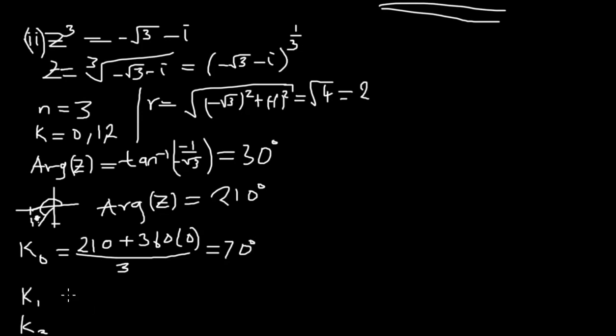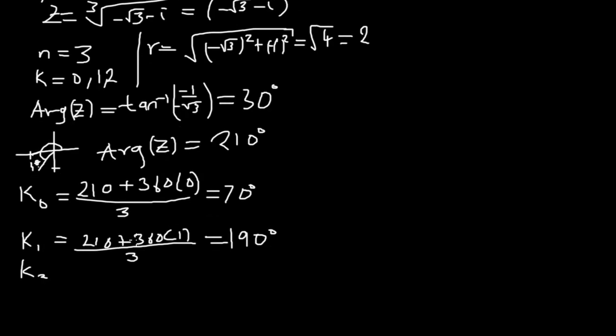Move on to the next one here. So when k is equal to 1, we're going to have 210 plus 360. Where there is k, we put 360 times 1, and then everything divided by 3, which gives you 190 degrees. So 190 degrees is going to be your argument when k is equal to 1.